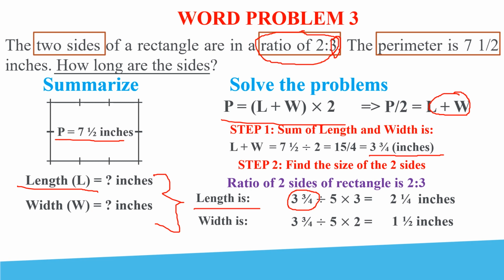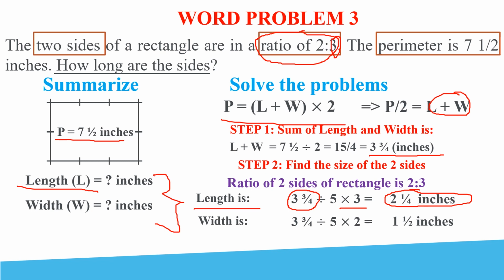First, we divide 3 3/4 inches by 5, and we find out 1 part. How much is 1 part? Then we are going to multiply that by 3, and the result is going to be the length. So the length side of the rectangle is 2 1/4 inches.